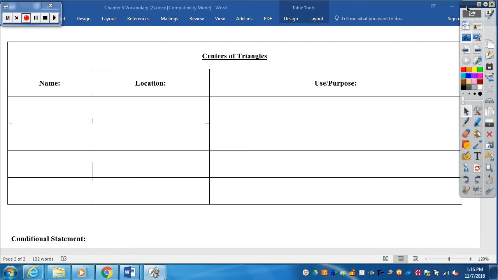The next one we talked about yesterday was the incenter. And for the incenter you want to put for the location is where the angle bisectors meet. Okay, where the angle bisectors meet. Now, the incenter is actually really interesting. If you ever have a triangular shaped object, if you put your finger on the incenter, that is a location of the gravitational center of the object.